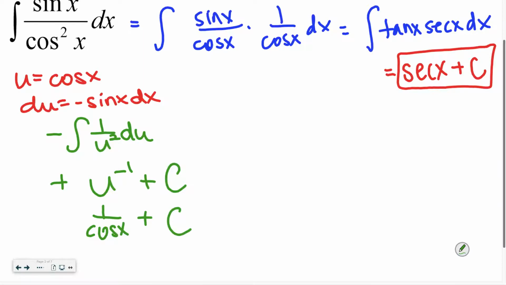Like I've been saying, the more we see these problems, the more you'll have that vision. And if you didn't see the trig identity, it's okay because I've kind of brainwashed you into looking for substitution. So that's what I wanted you to look for. Let's look at another one.